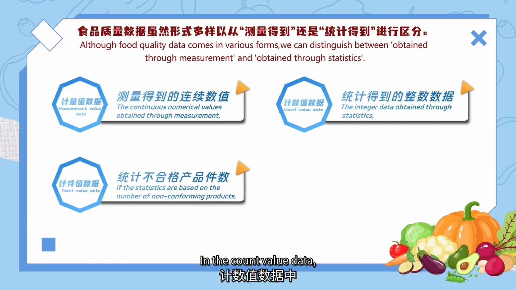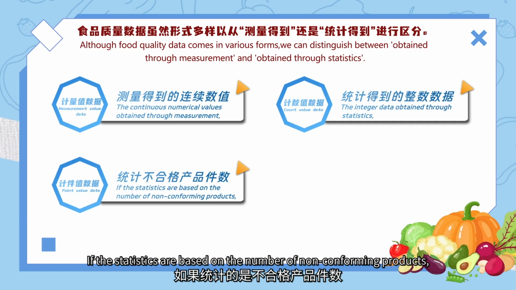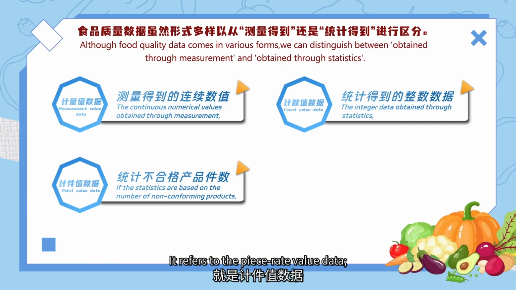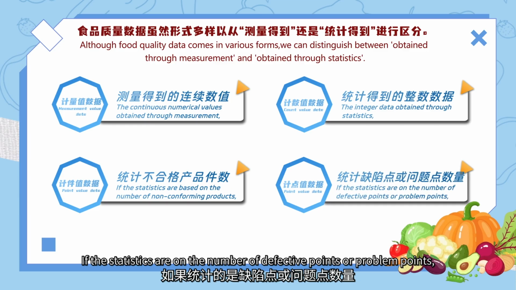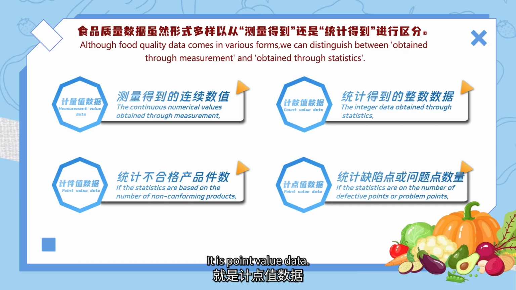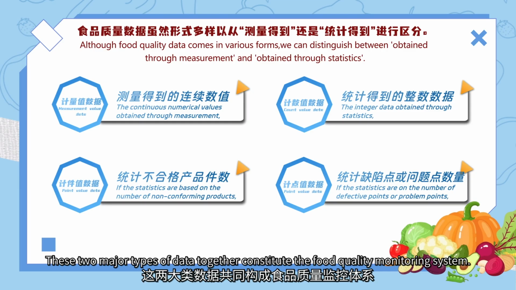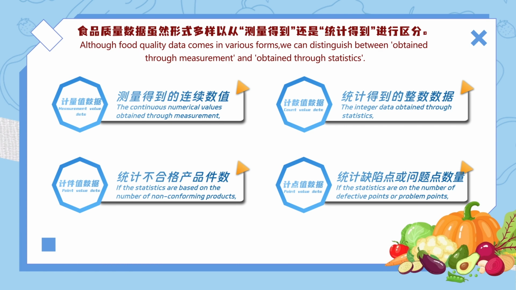In the count value data, if the statistics are based on the number of non-conforming products, it refers to the piece rate value data. If the statistics are on the number of defective points or problem points, it is point value data. These two major types of data together constitute the food quality monitoring system.